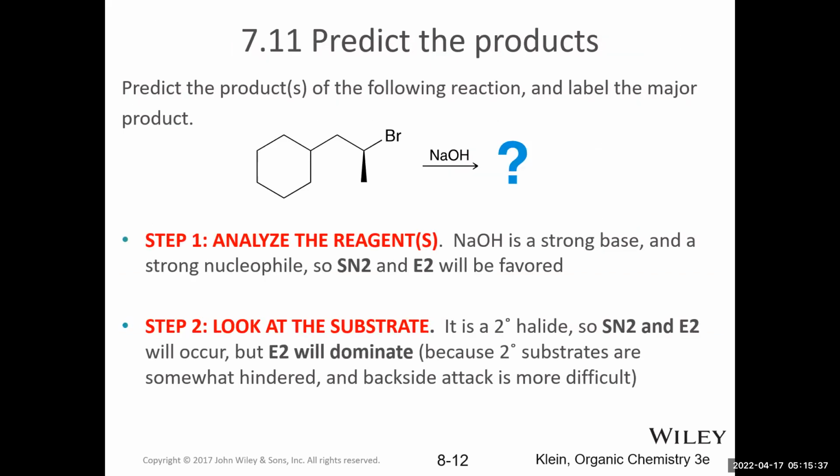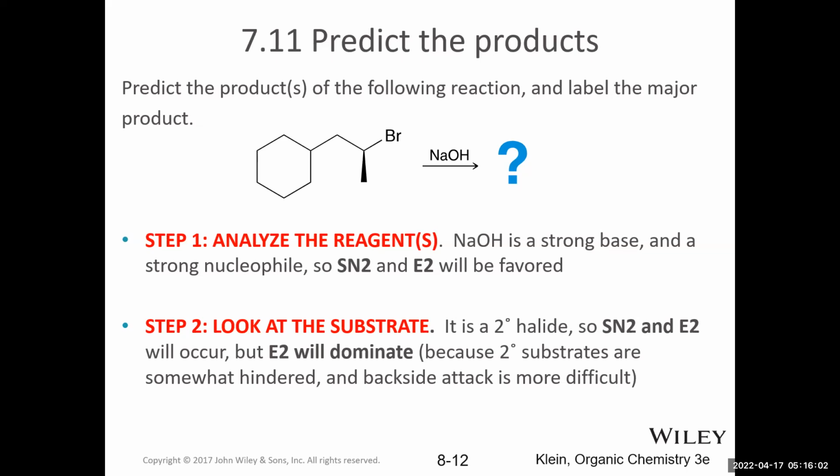So let's do a practice problem where we're going through all of those steps. The question is, predict the products of the following reaction and label the major product. Step one, start with the function of the reagent, sodium hydroxide. Sodium hydroxide is both a strong base and a strong nucleophile.